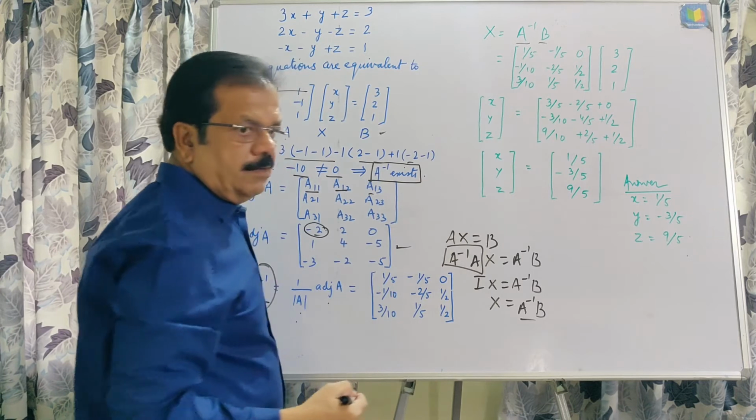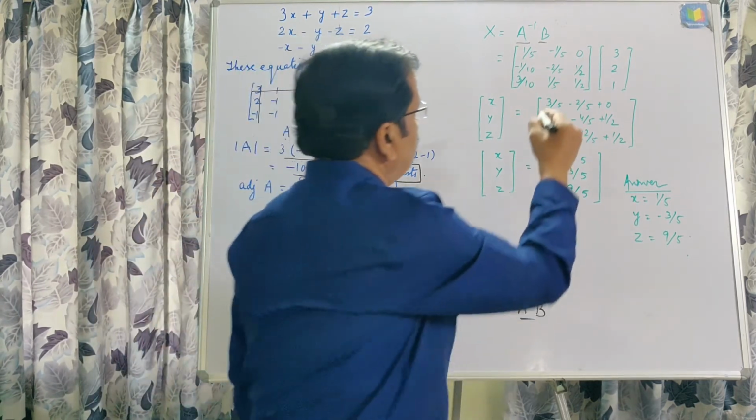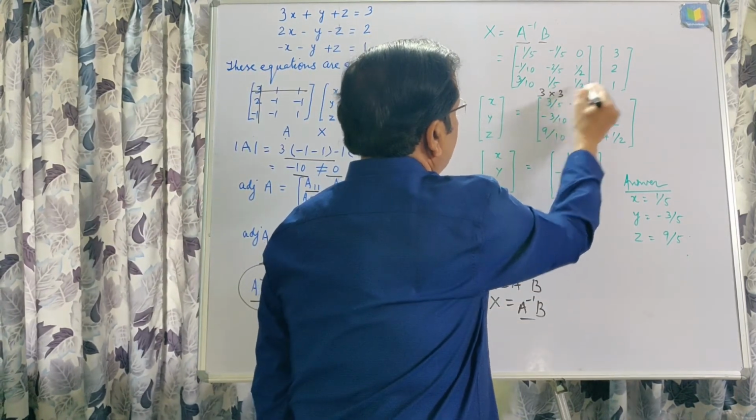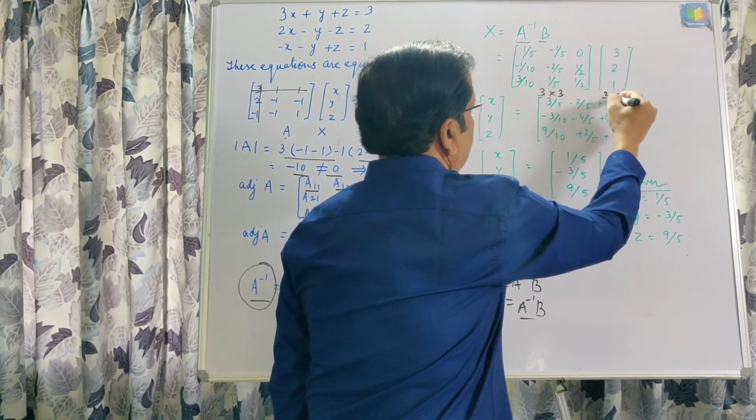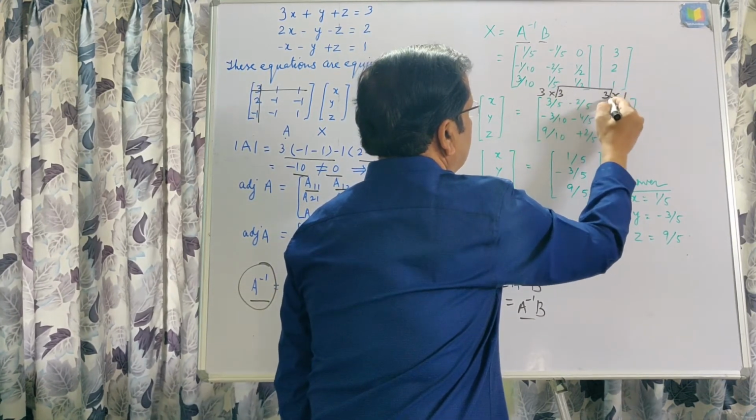This is simply multiplied because this is of the order 3 cross 3 and this is 3 rows and 1 column. We can easily multiply.